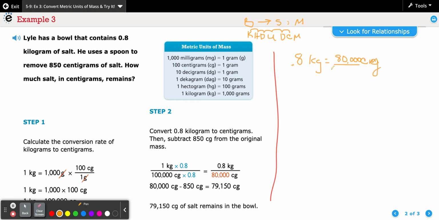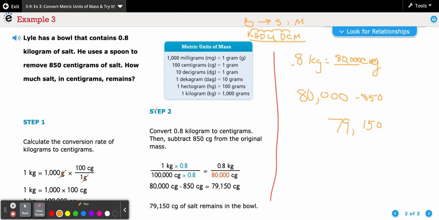Centigrams. All right. Then I know he removed 850 of those, so I have 80,000 minus 850. Right. So same answer. Certainly a lot easier to do using this method, if you remember that kind of trick that we've been talking about.